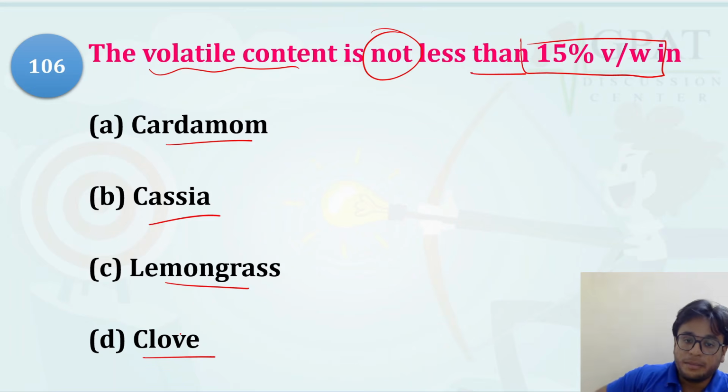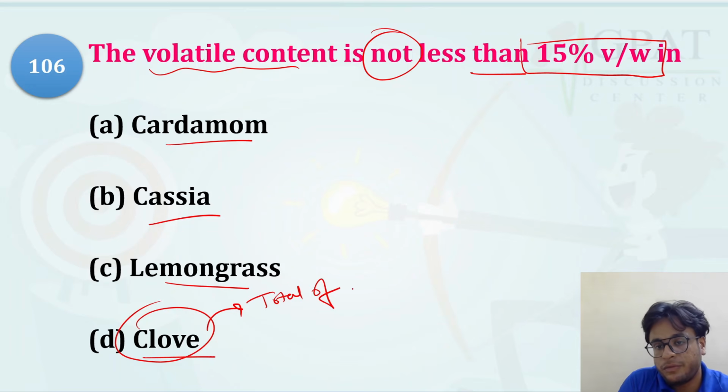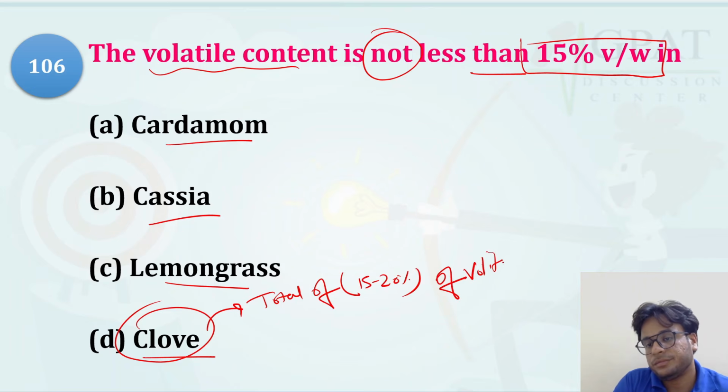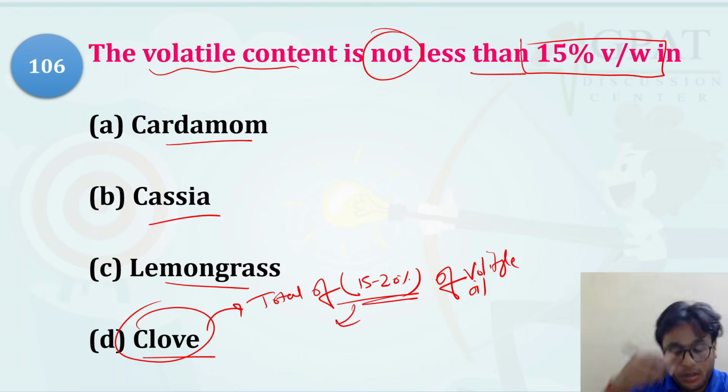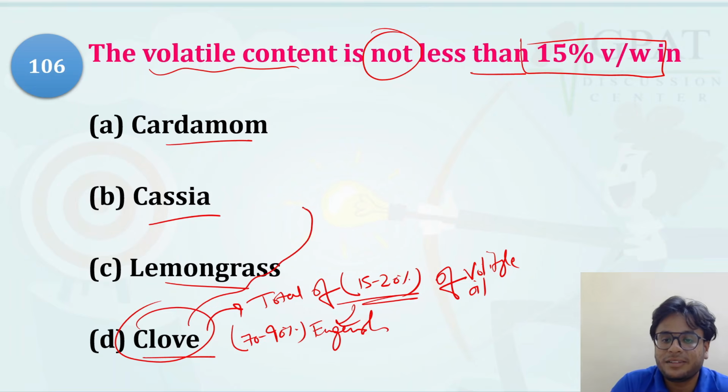Yes, the clove plant has a total of 15 to 20% volatile oil content, and out of this 15 to 20%, about 70 to 90% is eugenol itself. The family to which clove belongs is Myrtaceae.